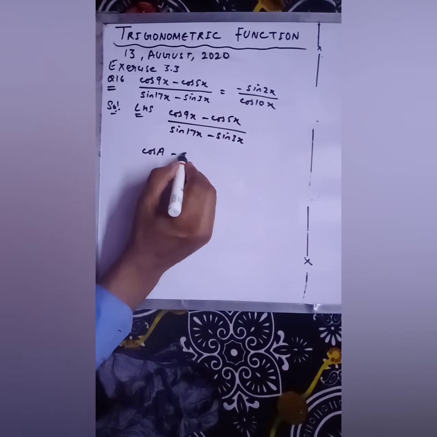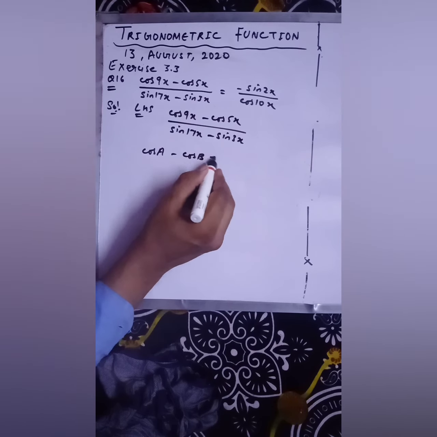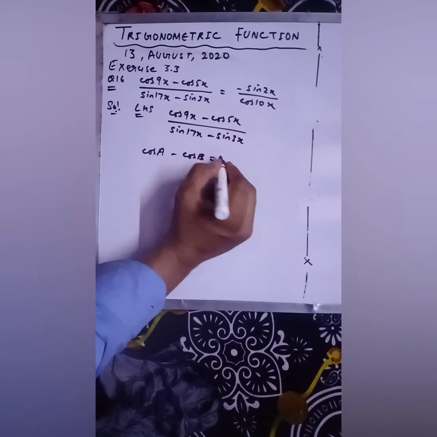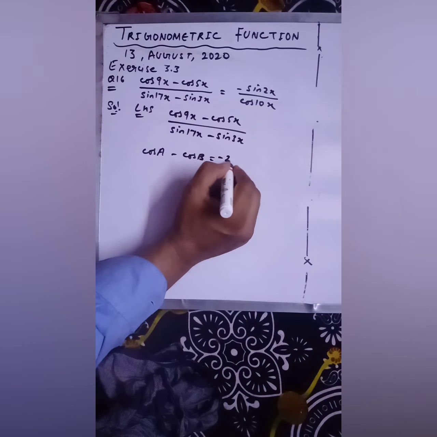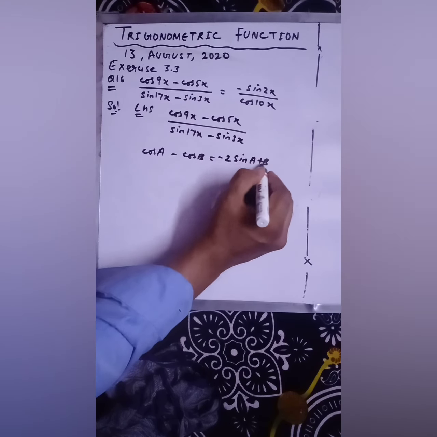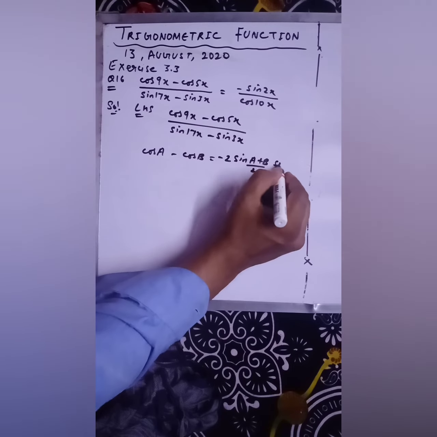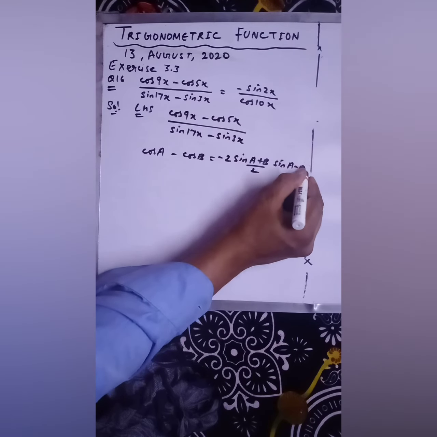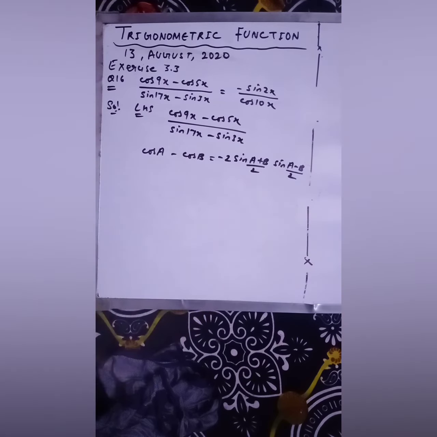I'm writing the general formula here: cos A minus cos B. Your formula is minus 2 sin (A plus B) by 2 and sin (A minus B) by 2.